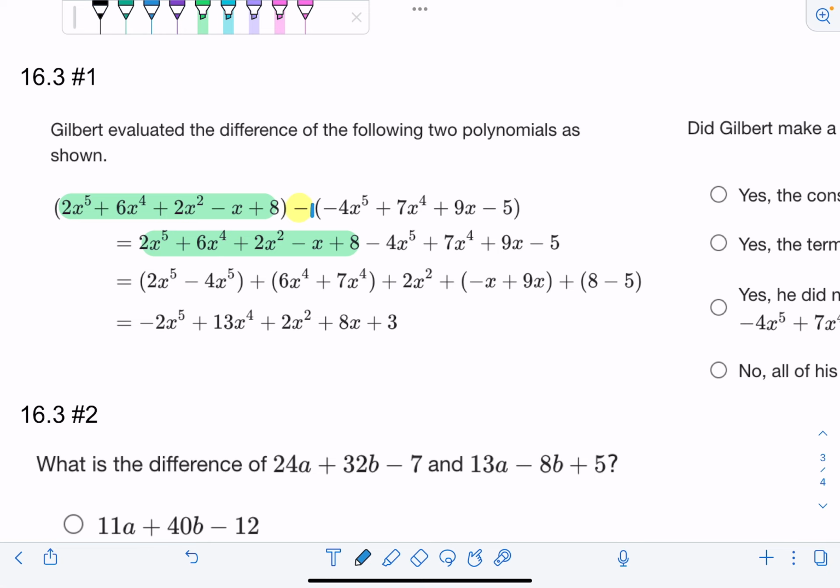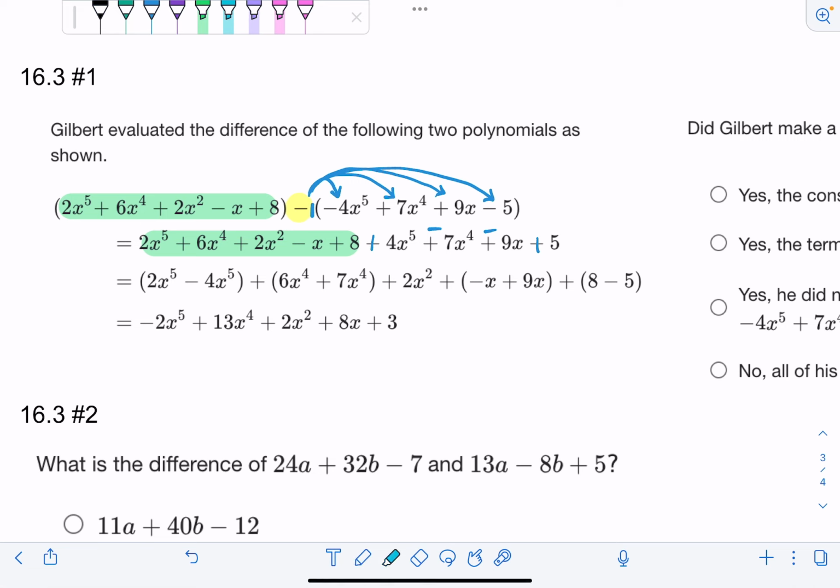So -1 times -4x to the 5th should have become a positive 4x to the 5th. And then -1 times 7x to the 4th should have become a negative 7x to the 4th. -1 times 9x should have become a negative 9x. And then -1 times -5 should have become a positive 5.